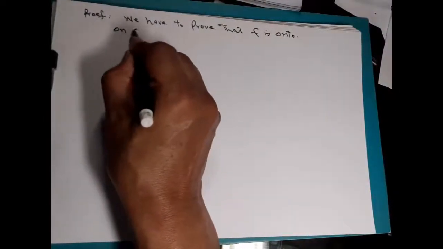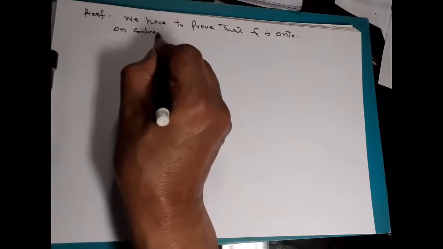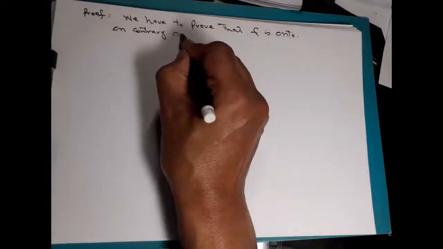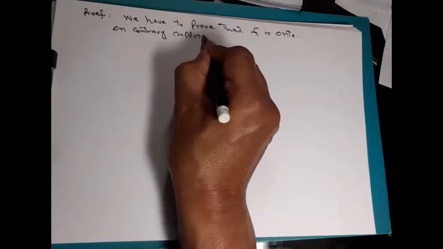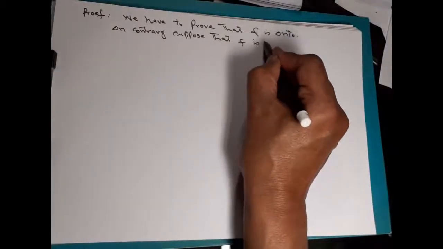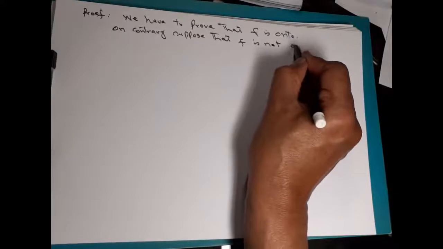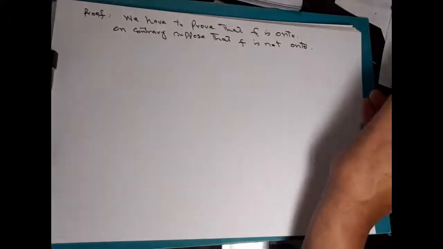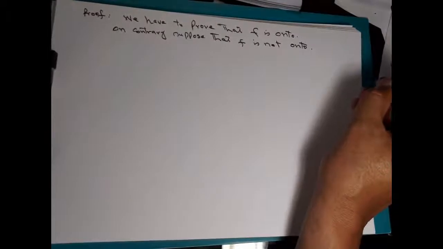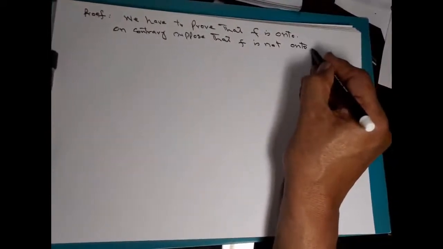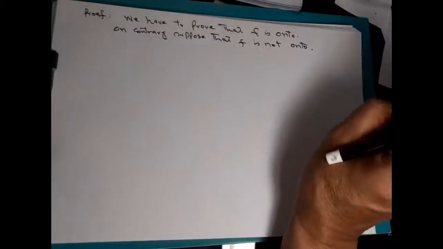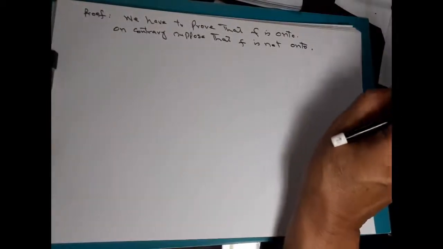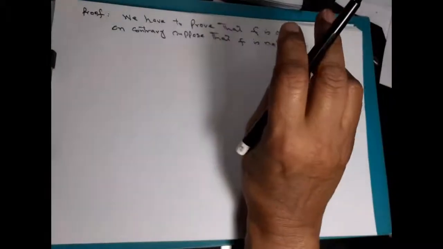So on the contrary, suppose that F is not onto. We know that if a function F is not onto, then there must be an element in the codomain which is not the image of any element in the domain.